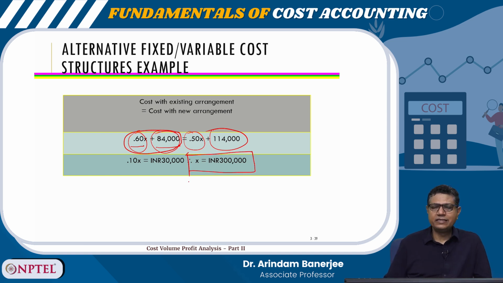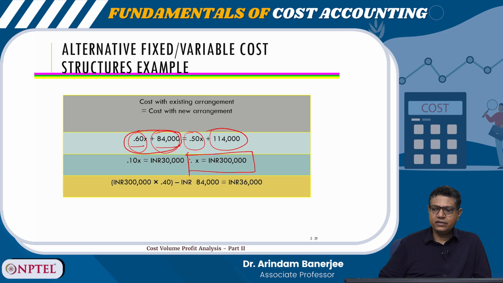Okay. So, if my sales is 3 lakh, then my cost in both the existing arrangement and the new arrangement remains the same, right. And what is the operating income? 3 lakh into the contribution margin, that is 0.4, minus the fixed cost.